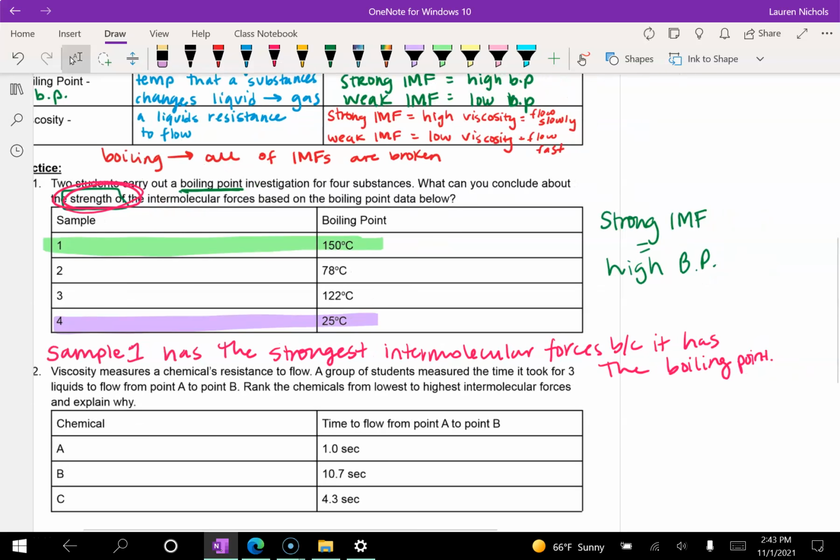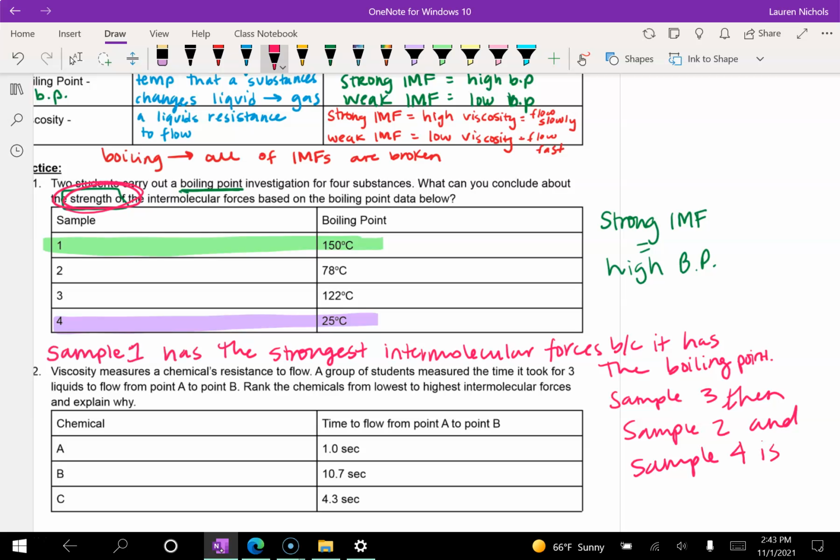Or we can say that sample 3, and then sample 2, and sample 4 is last. Like, you could rank them. Okay, so sample 1 would have the strongest intermolecular forces, and this one would be the weakest intermolecular forces.